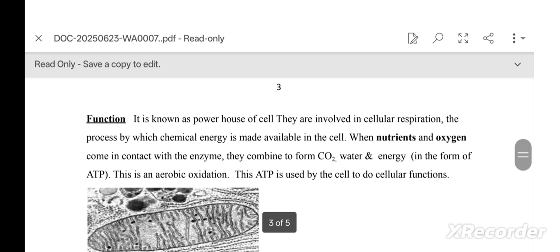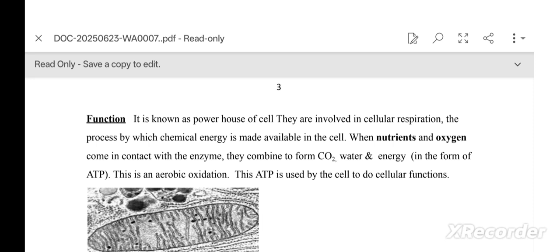Now function. It is known as the powerhouse of the cell. They are involved in the cellular respiration process by which chemical energy is made available in the cell. When nutrients and oxygen come in contact with the enzymes, they combine to form CO2, water, and energy in the form of ATP.